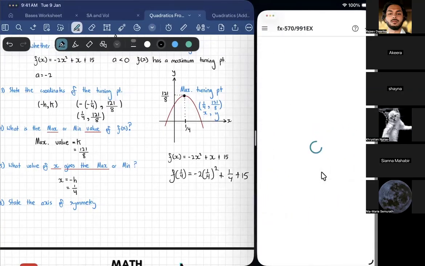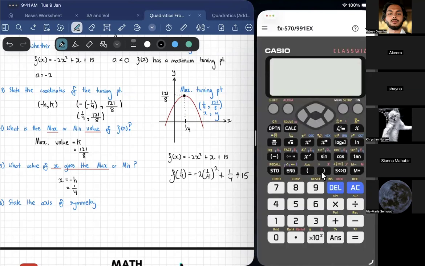I believe so. So let me see if this is actually truthful. Let me see if the maths is maths. So minus 2, I'm going to put a quarter squared, plus a quarter, plus 15. And when I press equal, guys, what am I supposed to get?